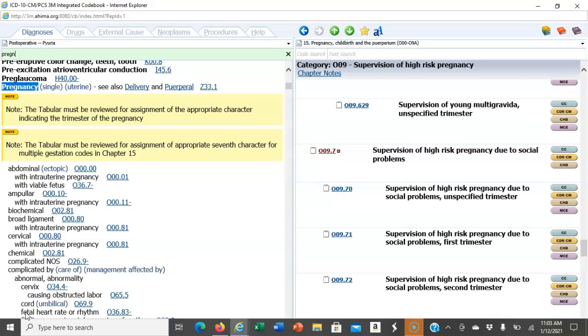So let's look at this second example. A patient's admitted to the hospital in labor at 40 weeks. So we know that, number one, she's term, and this is her third trimester. She's 40 years old.